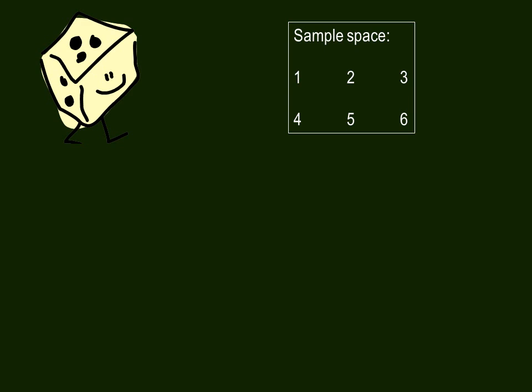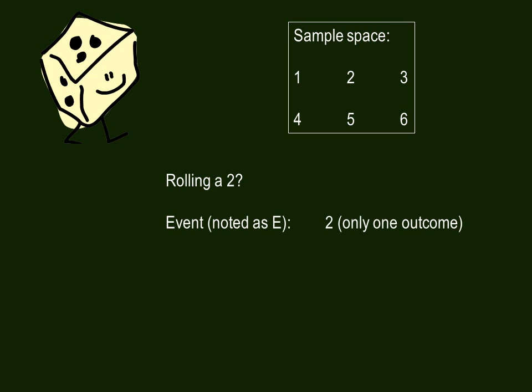Now, let's do an example. Imagine again that we're rolling a die, and we want to know the probability of us rolling a 2. Well, our event has only one outcome. Our event, remember, is noted as E, capital E, and has only one outcome, which is rolling a 2. Now, in the formula, we're looking for P of E, the probability of the event, which is rolling a 2.